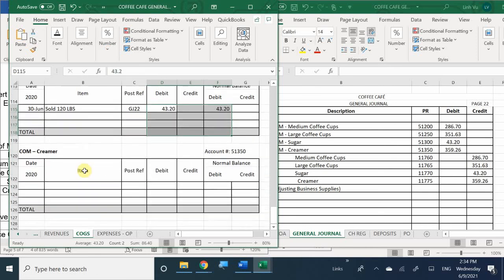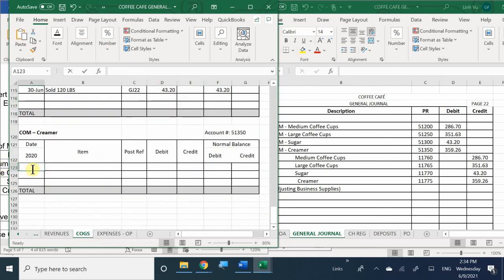General Journal 22, with the debit of 359.26, debit balance of 359.26. Okay.